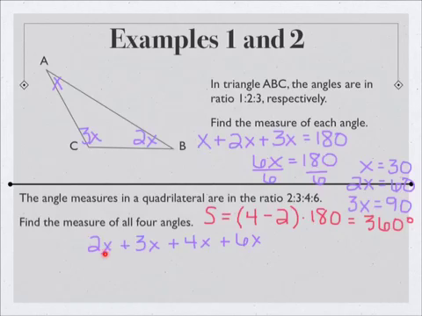The smallest angle is 2 times as much as some base amount, then the next angle is 3 times as much as that, the next is 4 times as much, and the next is 6 times as much. So what I'm really looking for is my magic number that these are being multiplied by. Sorry, that was kind of a fumbly explanation. I know it has to equal 360, because that's what I just found. So now let's add up all my x's. That's 15x.